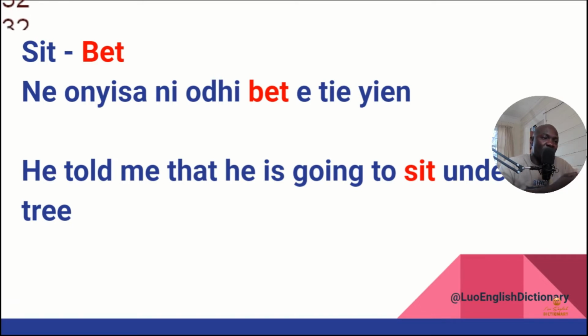This sentence is always difficult to get because of the way most of the words are in, like if you read it, it looks like English, yeah? So it becomes very difficult. So ne onyisa ni odhi bit etie yien. So under the tree. Bit etie yien. Okay.